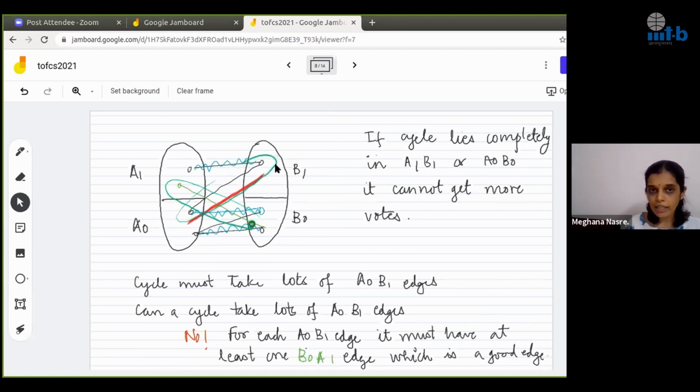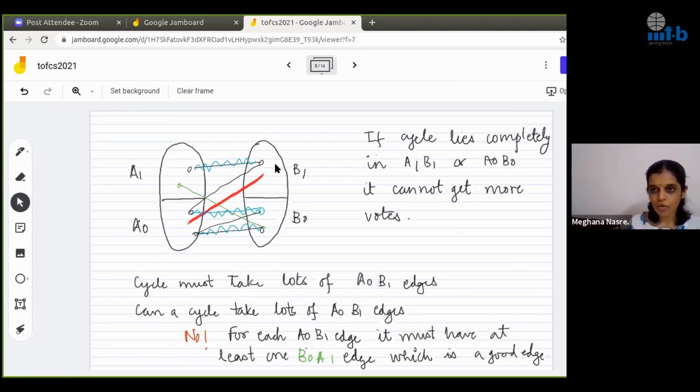And now I can again go for a long time in A1, B1, and then come back again to A0. But again, that is a fresh bad thing that you have created for me, which is not adding to the old votes that you had collected for yourself. So as soon as you create one bad edge for me, I will force you to create another good edge for me before you collect more bad edges.